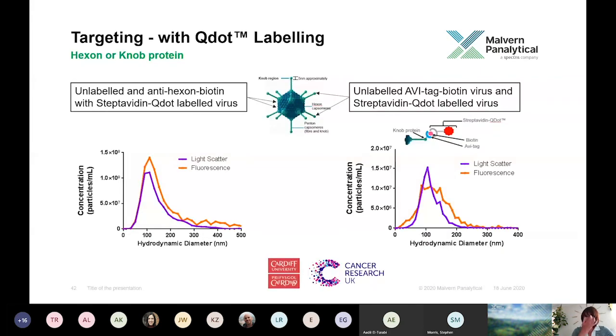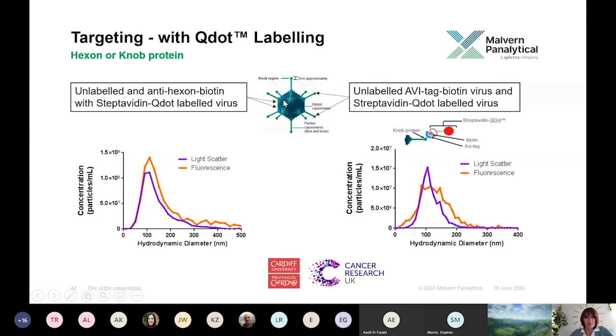So this was again done and used by the Cardiff group. Obviously, adenovirus structure and its composition is very well known. But fluorescent labeling with quantum dots was performed to confirm the presence of the hexon proteins on the adenovirus capsid as well as the knob region.